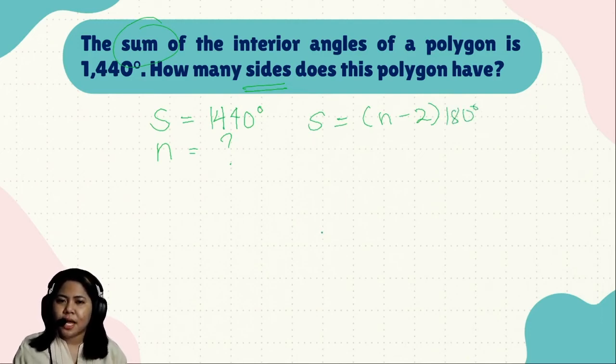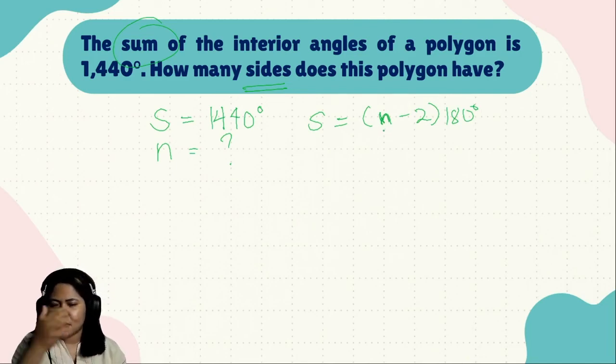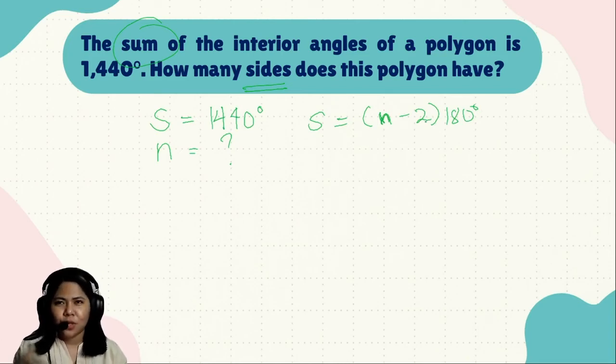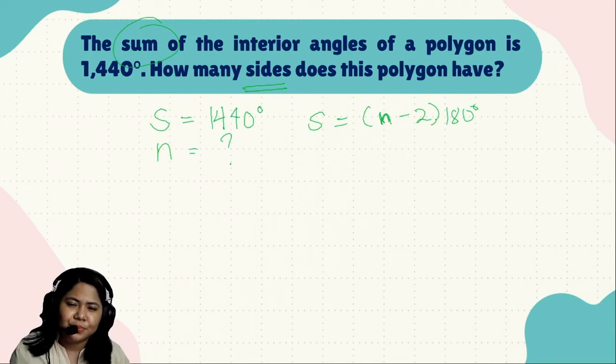Pero teacher, ang hinahanap ay n or ang nawawala is n. Pero kung mapapansin nyo po, merong minus 2 at merong 180 degrees. Kapag ang ganyan ang case, we can always manipulate the formula. Iwan nating mag-isa si n. Kailangan maiwan siya or ma-isolate siya on one side of the equation. Okay? So, una nating kailangan isipin paano mawawala sa tabi ni n is si 180 degrees.